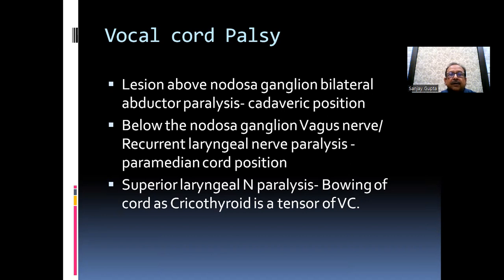Lesions below the nodosa ganglion, vagus nerve, or recurrent laryngeal nerve paralysis result in paramedian position of the vocal cords. Superior laryngeal nerve paralysis causes bowing of the cord, as the cricothyroid, which is supplied by the external branch of the superior laryngeal nerve, is a tensor of the vocal cord.